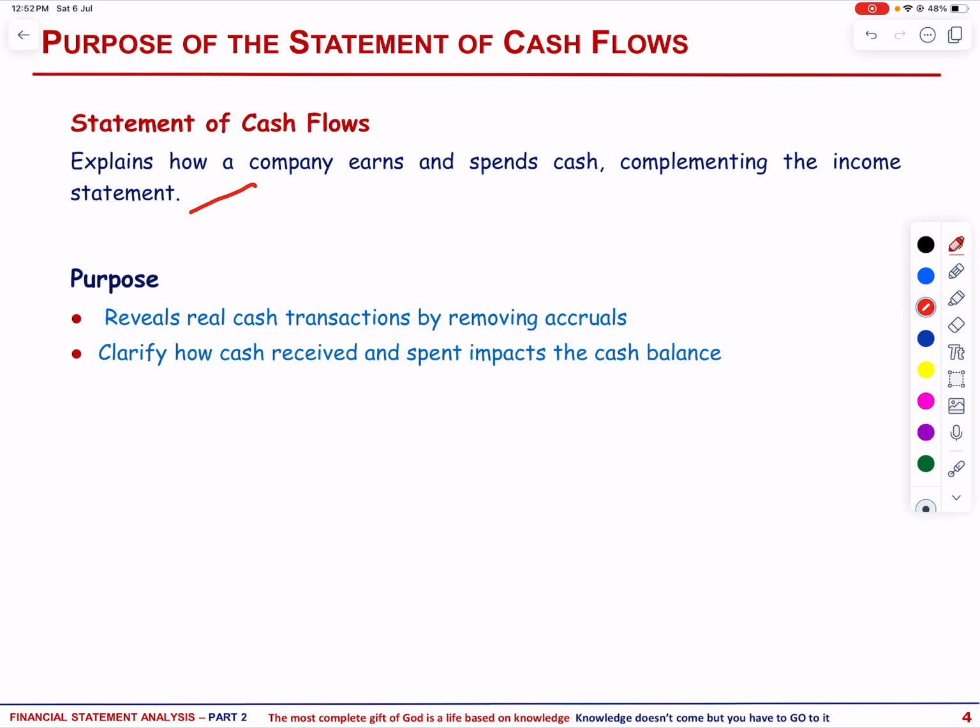It is split into operating, investing, and financing sections. It discloses all cash movements, and by stripping away accruals, it shows real cash transactions. Its main purpose is to clarify how cash received and spent affects the cash balance.